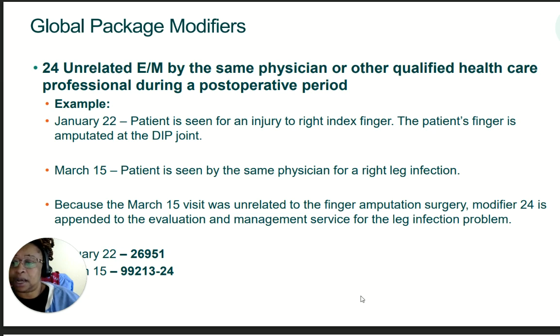March 15th, patient is seen by the same physician for a right leg infection. Because the March 15th visit was unrelated to the finger amputation surgery, the modifier 24 is appended to the evaluation and management service, because it's unrelated in the postoperative period of the finger amputation. Hope this is clear.